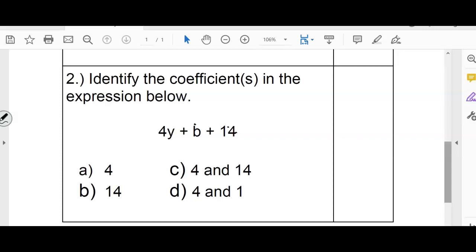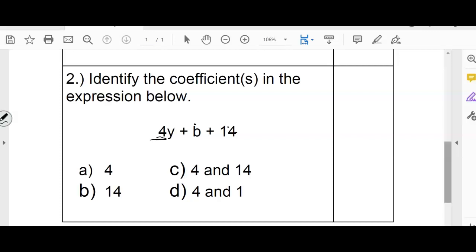Okay? How many variables do we have in this expression? Annabelle? We have 2. So how many coefficients should we have? Caitlin? 2. We should have 2. What is the obvious one? Jordan? 4. 4 is one of the obvious coefficients. The number in front of y. Okay.